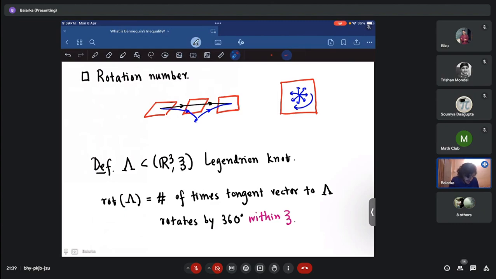What is really insightful for me is thinking about a contact structure as sort of an area form, except on these planes. Alpha is a 1-form, right? It's not a 2-form, but d alpha is an area form.